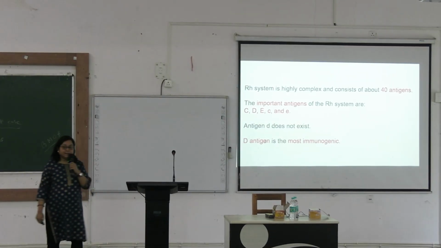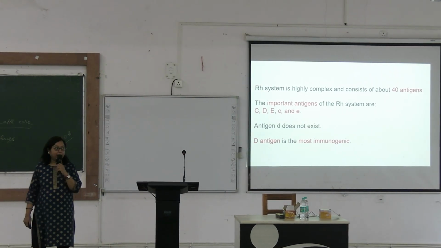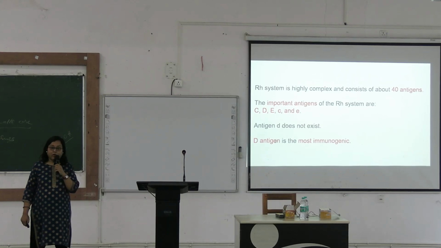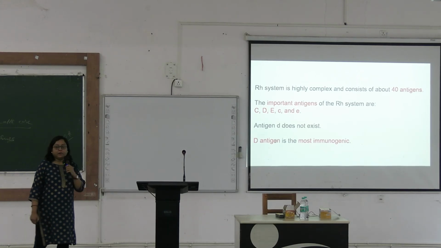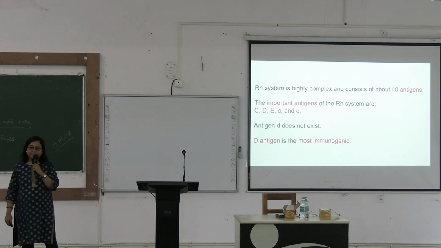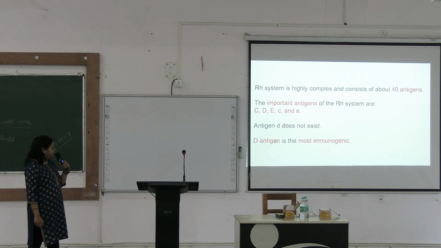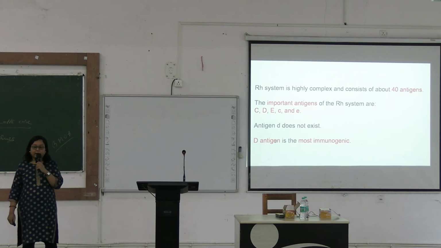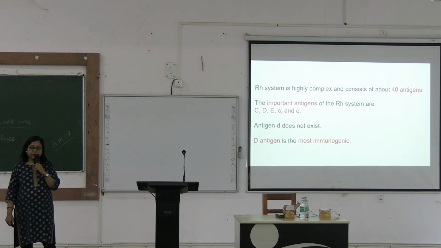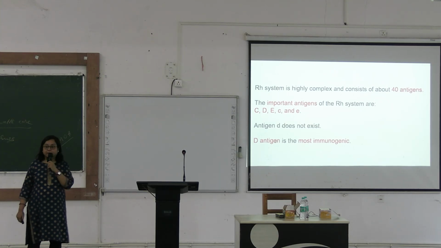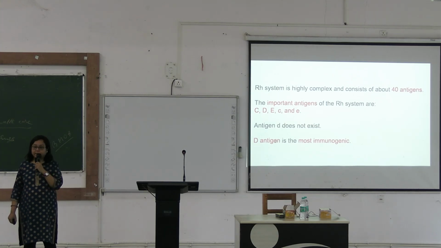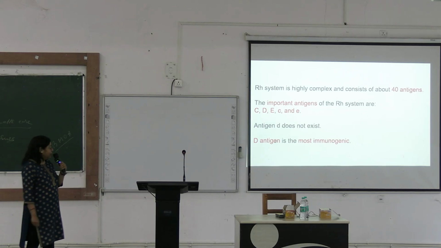Rh system consists of 40 antigens, and it is very complex. So the important antigens of the Rh system are C, D, E in capital, and in small letters c and e. As you can note, an antigen with small letter d does not exist at all.